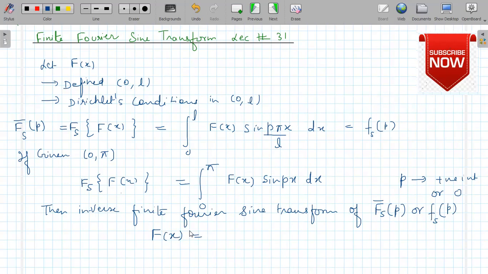So f(x) is the F_s inverse of F_s bar(p), or the F_s inverse of F_s(p).